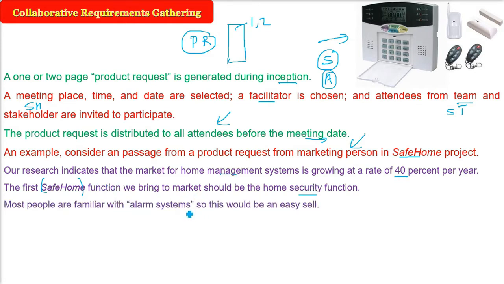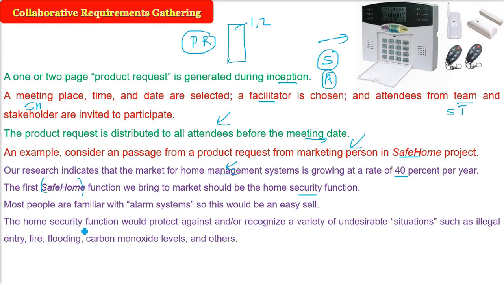Most people are aware of the alarm system, so this home security will also be a hit, and can easily blend into society. And this home security function will protect the families and homes from various undesirable situations: burglars, illegal entry, thieves, even fire, because we can put in a sensor that can detect fire, heat, flooding, water, and carbon monoxide levels, and there are various others we can discuss.